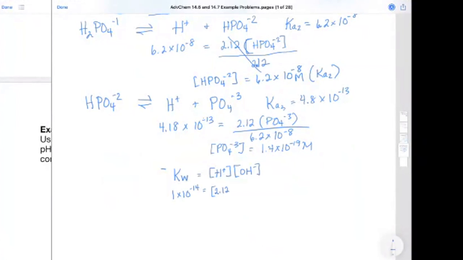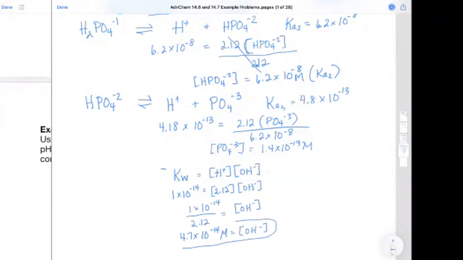We know the hydrogen ion concentration is 2.12. We're looking for the hydroxide concentration. So it's 1 times 10 to the negative 14th over 2.12 equals the hydroxide ion concentration. And when you calculate that, you end up with 4.7 times 10 to the negative 14th.